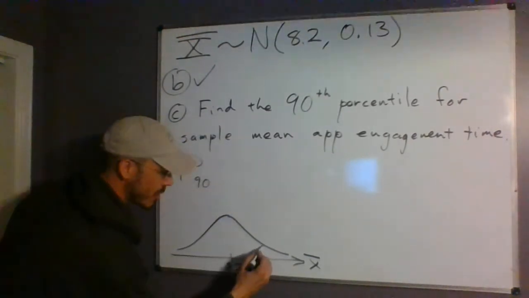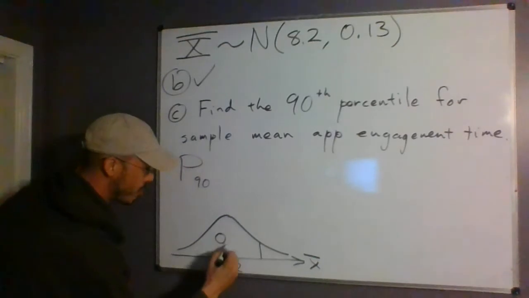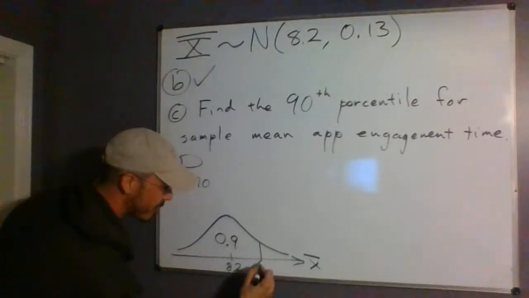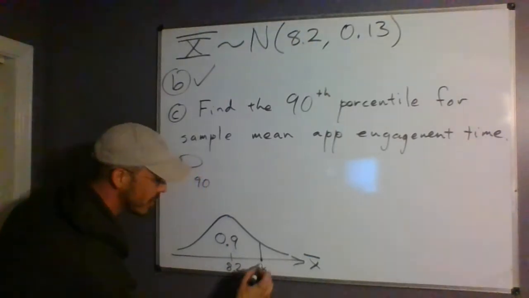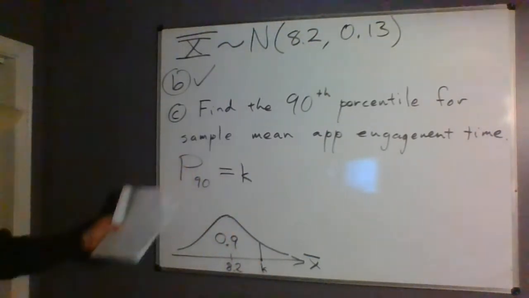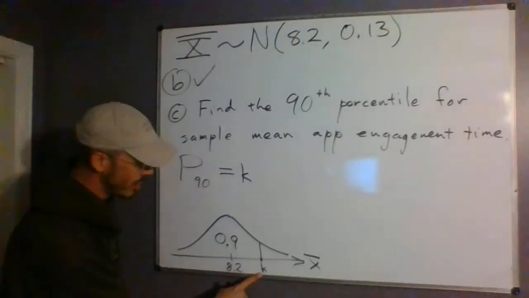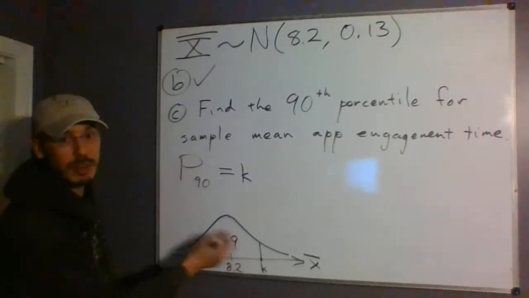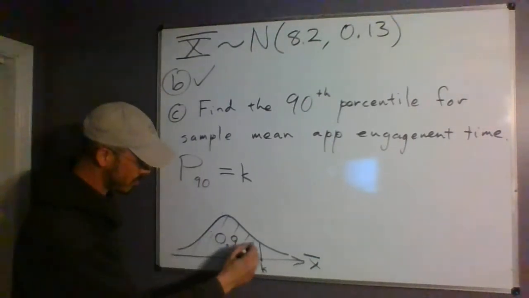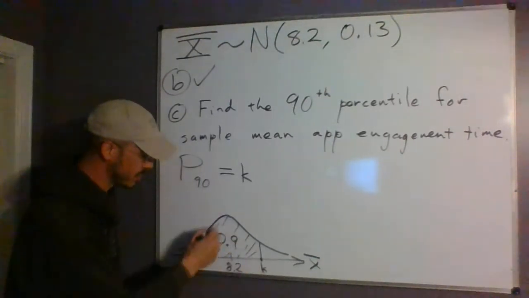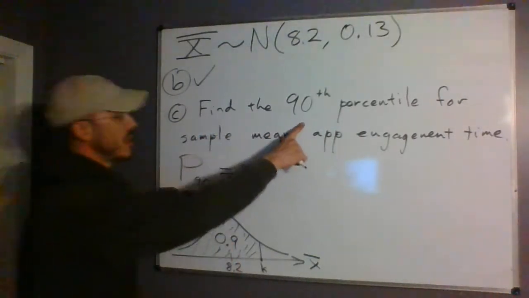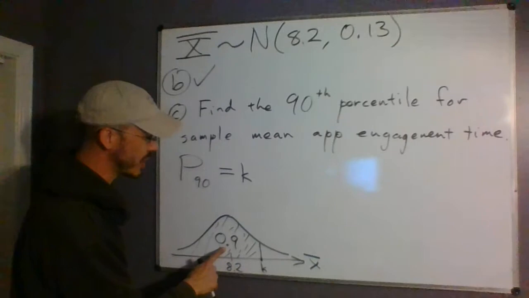90th percentile means that 0.9 of the area is to the left of that value. I'm just going to label it K here, just as a placeholder, a smaller symbol. But 90% of the area should be over here. You can shade it if you don't want to lose your number there. Be careful. But yeah, it's 90th percentile, so this area should be 0.9.